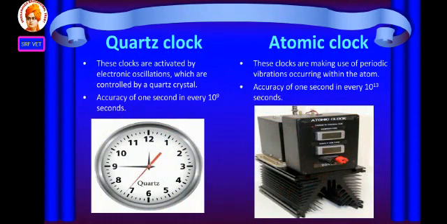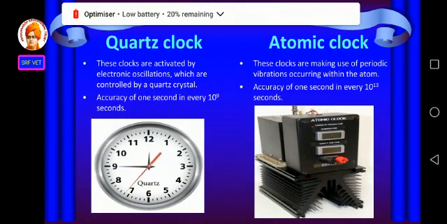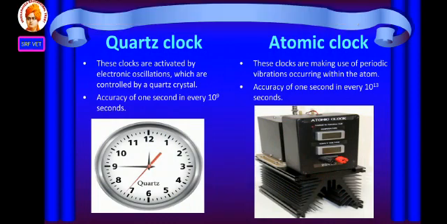Next, atomic clock. These clocks make use of periodic vibrations occurring within the atom. The accuracy is 1 second in every 10 power 13 seconds.